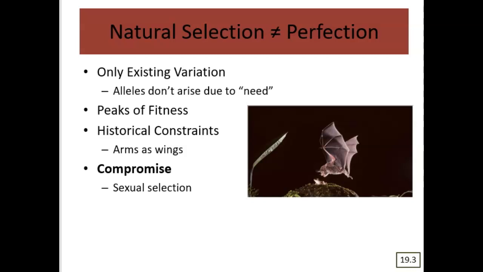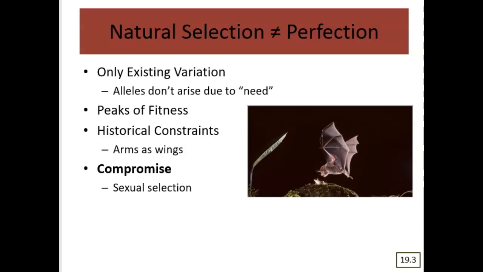When a female chooses the most brightly colored male, well, they're choosing a male that is then making it more likely for that male to not survive, right? So there's going to have to be this compromise between natural selection and sexual selection. They can't both be at the maximum. The maximum for natural selection for a male might be to be really well camouflaged, while the maximum of sexual selection for a male might be to be really brightly colored. There just has to be a compromise between those two.